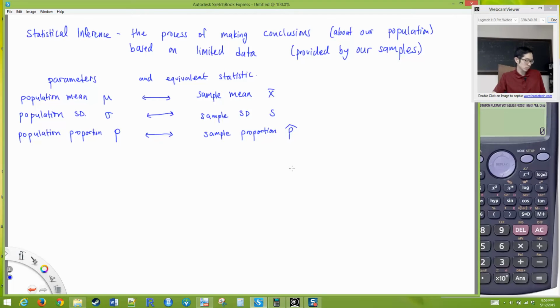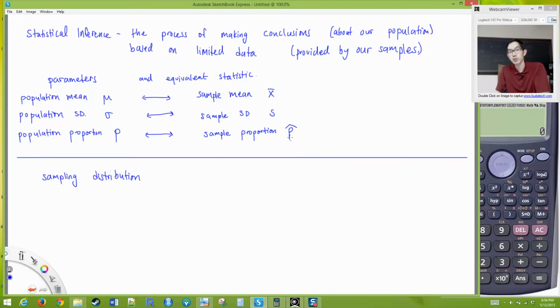We talked about getting a sampling distribution. Okay. So earlier we looked at the sampling distribution of p hat.